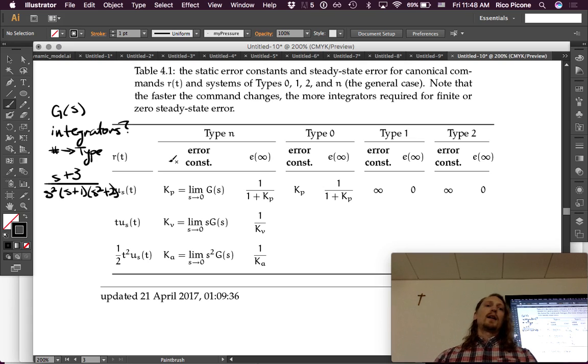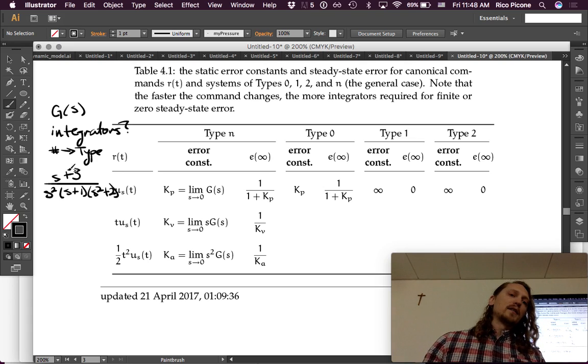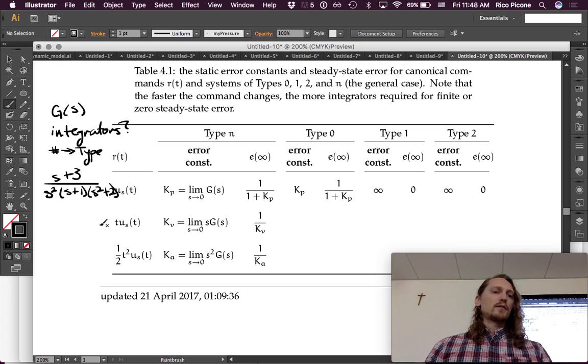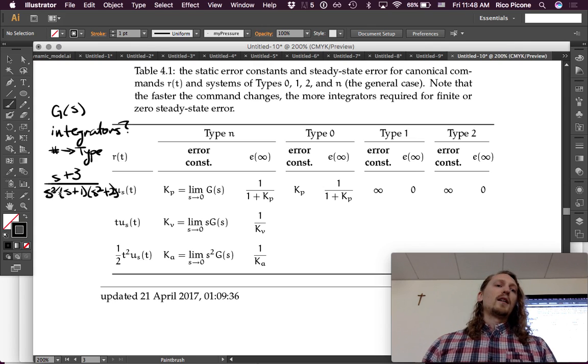So how many integrators are in this transfer function? It's just the bare s's. This is not an integrator factor because it has this plus 1 associated with it.